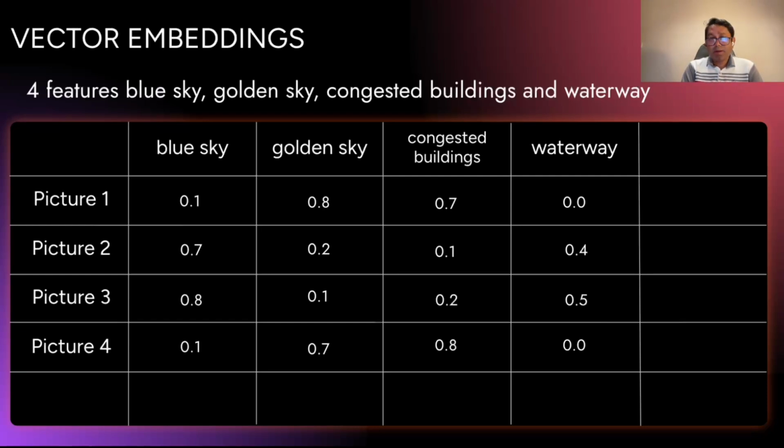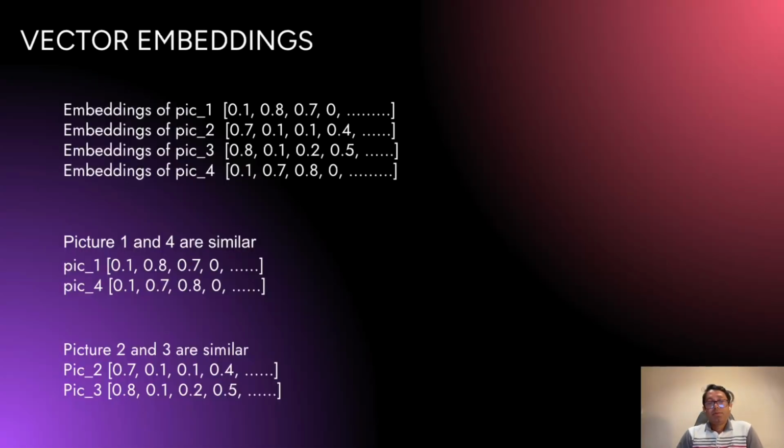So for picture 1, we have assigned 0.1 as the value of blue sky, 0.8 as the value of golden sky, 0.7 as the value of congested buildings, and 0 as the value of waterway, since this picture does not contain any water. So the embedding of picture 1 has become like 0.1, 0.8, 0.7, 0, like this. We have also got the embedding of picture 2, picture 3, picture 4.